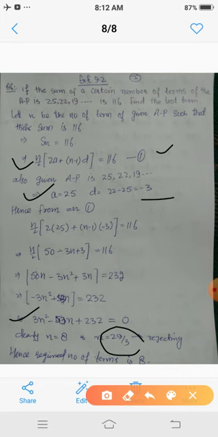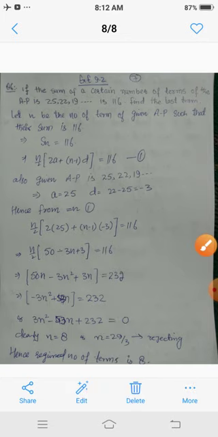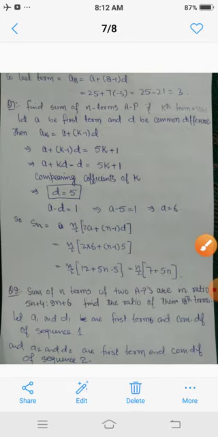So hence the required number of terms is 8. This means that 8 terms are needed, such that the sum of the first 8 terms is 116. Hence the last term of this AP, meaning the 8th term, is a8, which is a plus 8 minus 1 into d, because an is a plus n minus 1 into d.